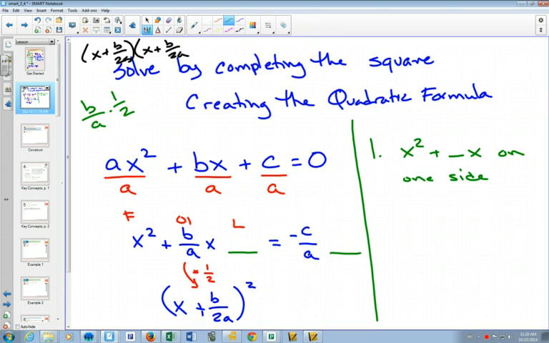Good. It's going to be plus b squared, and 2 times 2 is 4, a squared. Can you see that? That b times b would be b squared, and 2a times 2a would be 4a squared. But if I do that on that side, I have to also do that on this side.